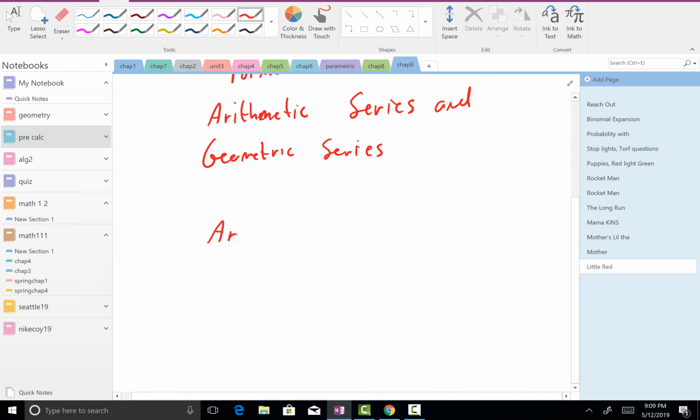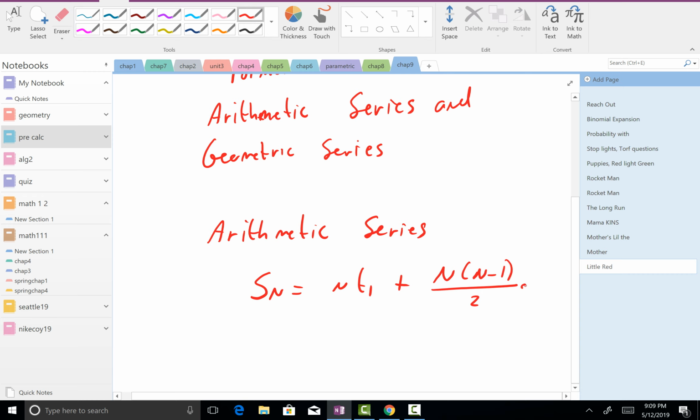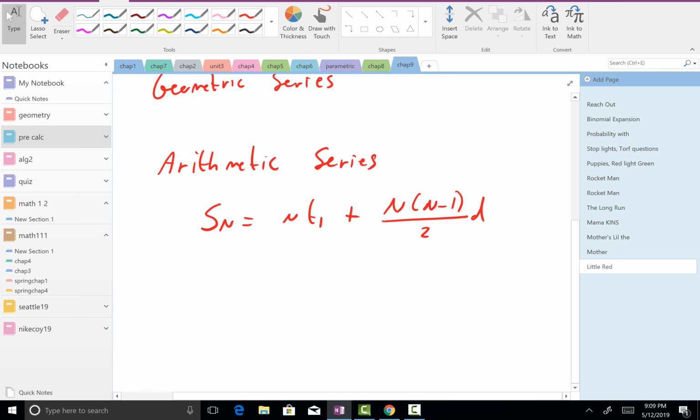Let's get the arithmetic one written down that we did on Friday. And we derived this. Okay, and here's how we used it.